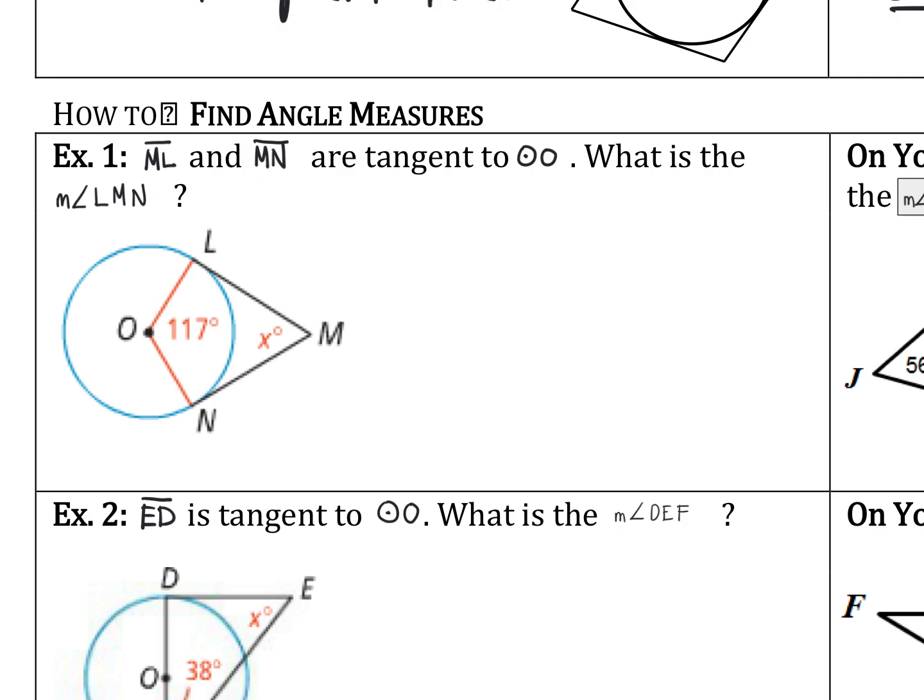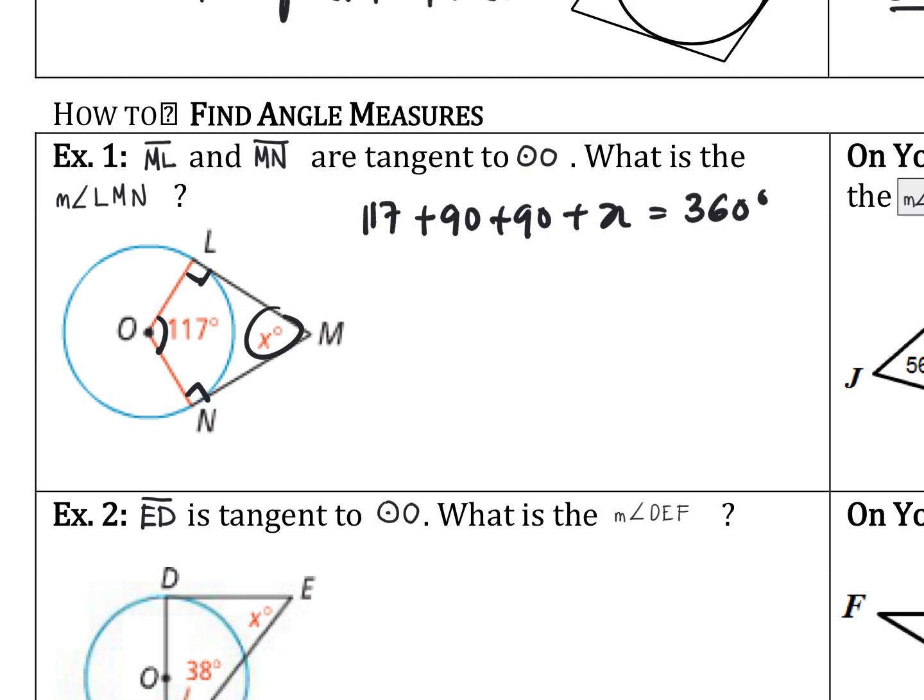Let's take note that there is a quadrilateral in here, which means it is four-sided, and angles L and N are 90 degrees. So we add 117 plus 90 plus 90, and then this x, and that gives a total of 360 degrees.